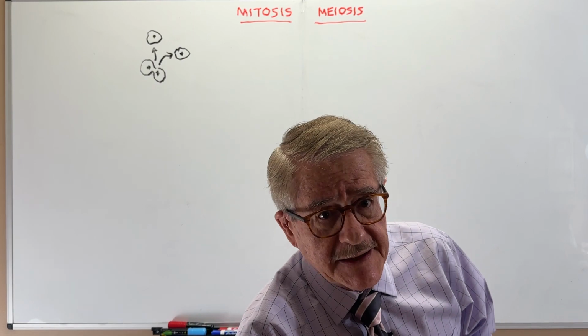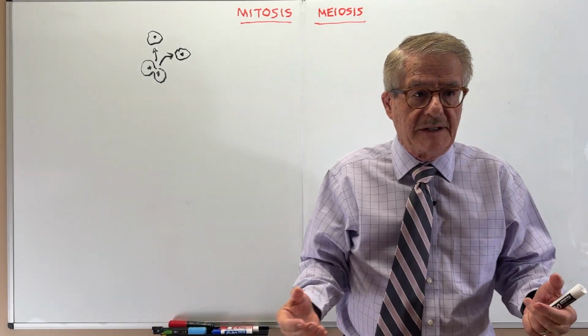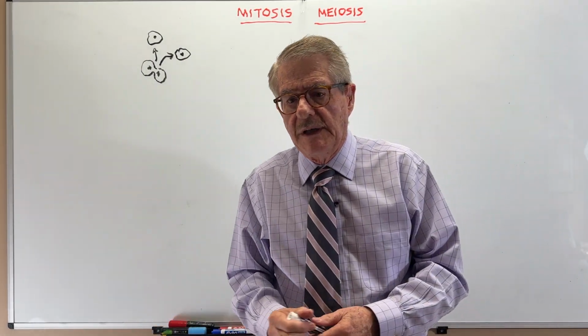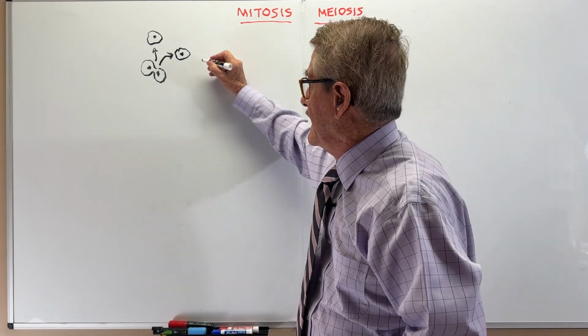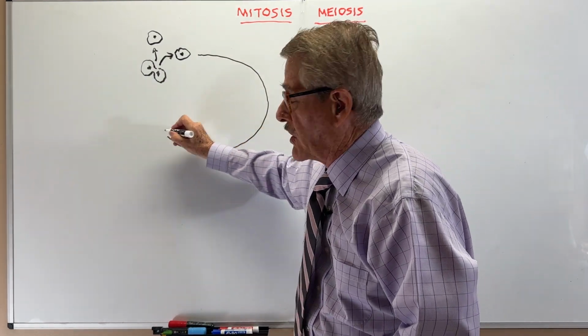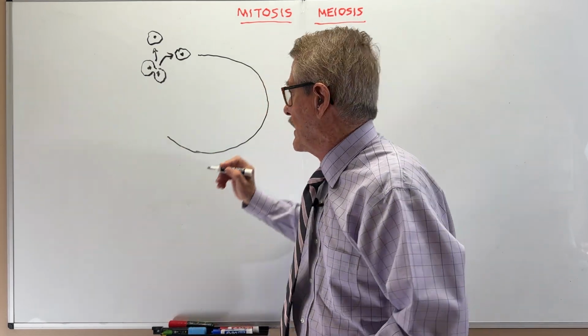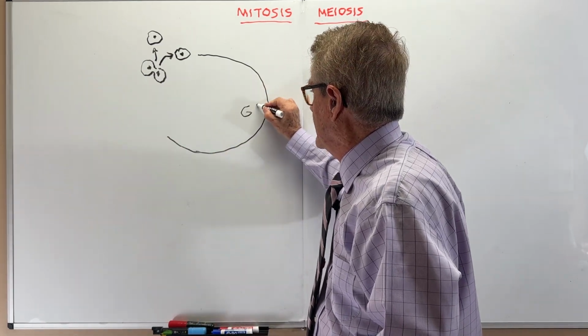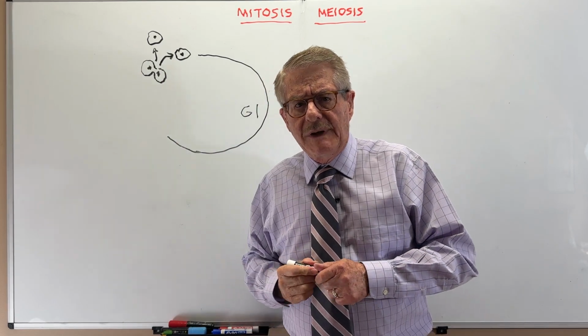In addition to that, the cells have to just do their function. In other words, they enter into what they call growth phase 1, or G1. What do they do in this phase?